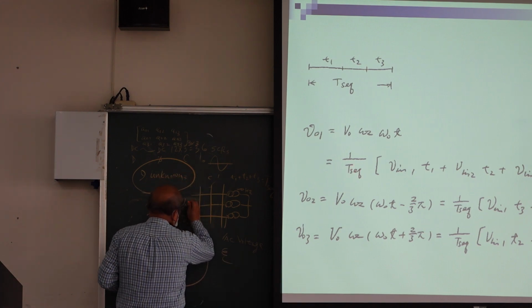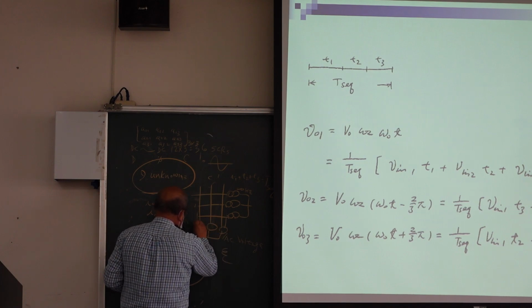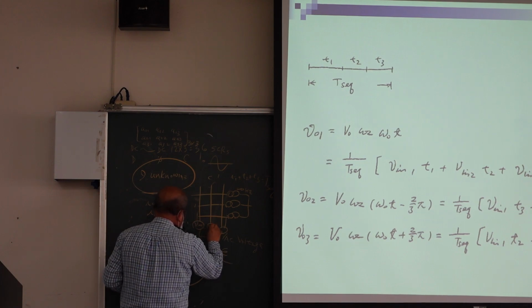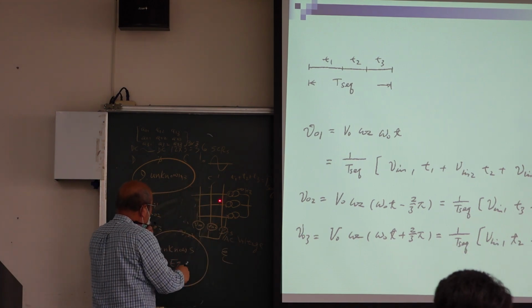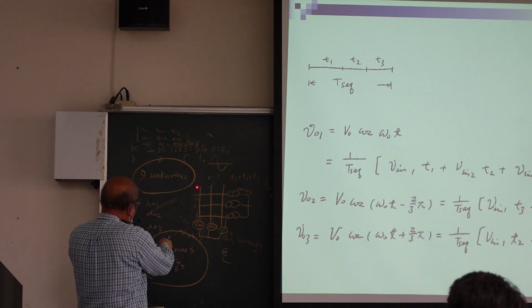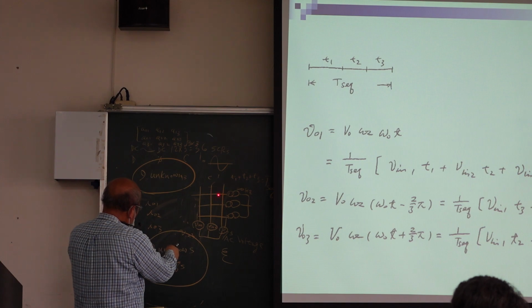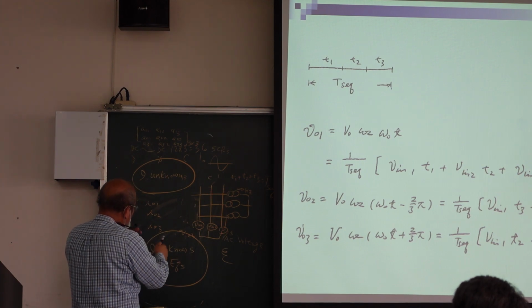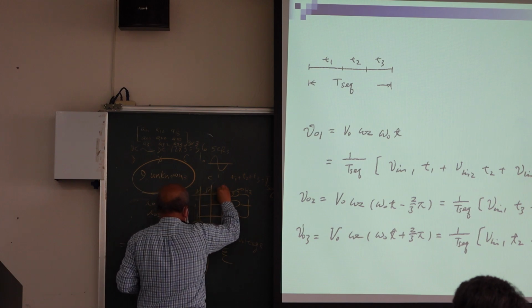So we have Vin1, Vin2, Vin3. This voltage multiplied by this switch, plus this voltage multiplied by this switch, plus this voltage multiplied by this switch, gives the first equation.